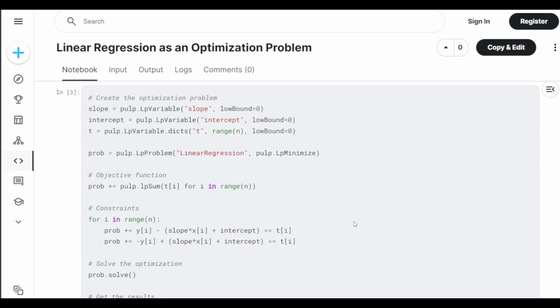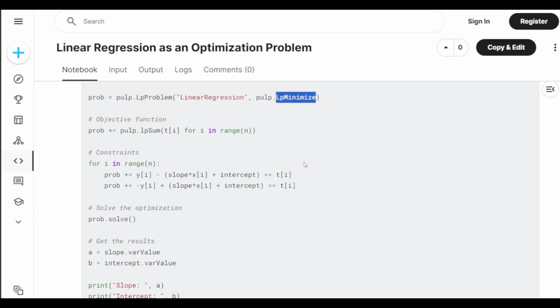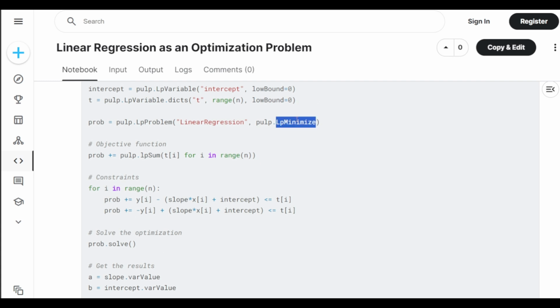The problem itself is very simple to code. We declare slope as a variable with lower bound 0. We declare intercept as a variable with lower bound 0. And then for each i, we generate n number of t variables. That is the auxiliary variables. We define the objective as minimizing it. And then our objective function is to minimize the sum of all auxiliary variables, that is t of i.